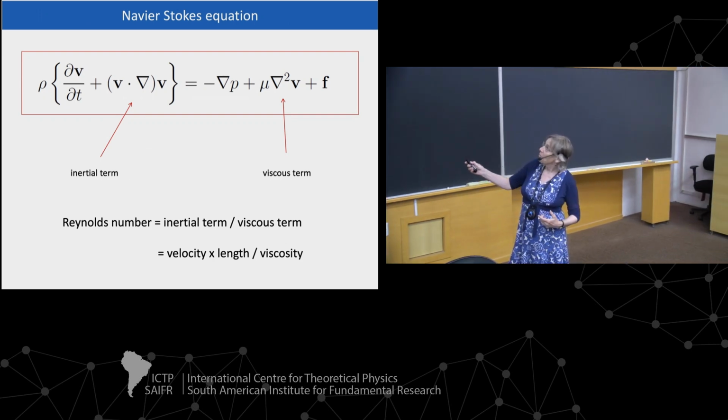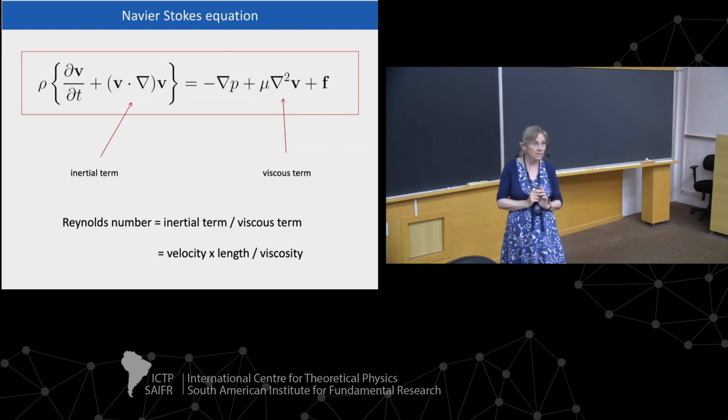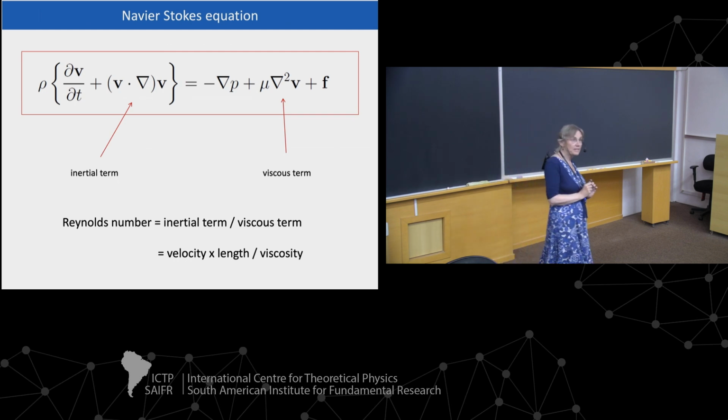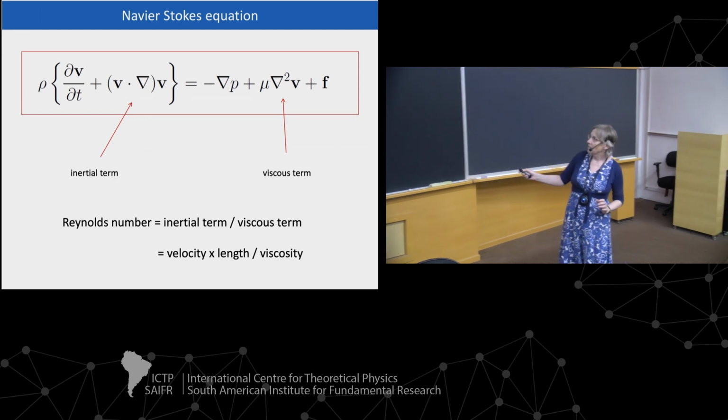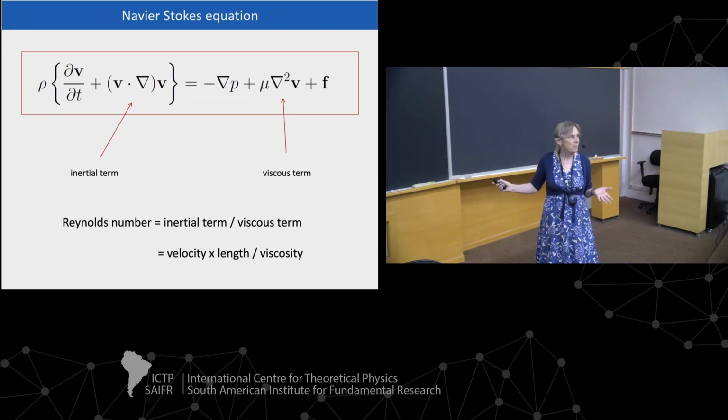If the Reynolds number is large, the inertial term wins. If the Reynolds number is small, the viscous term wins. And the Reynolds number is a velocity times a length over a viscosity. For the systems we're looking at, typically the Reynolds number is about 10 to the minus 4. It's tiny. It's 0 for what we care about.